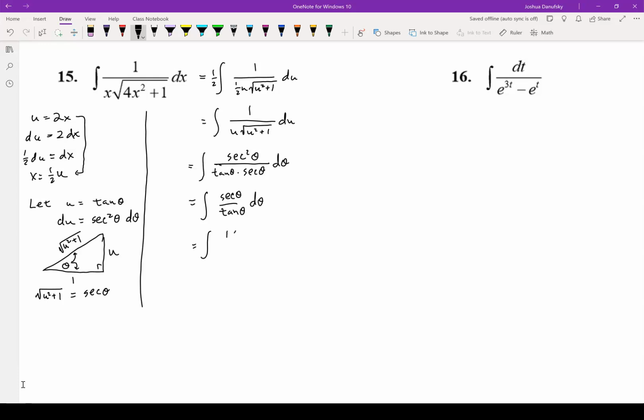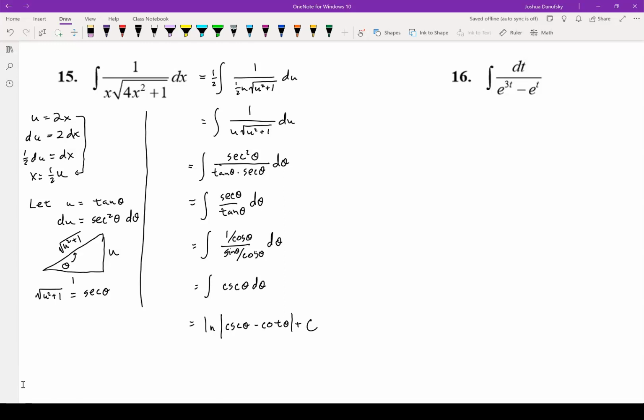Simplifying even further, we know this is 1 over cosine theta over sine theta over cosine theta. If we multiply top and bottom by cosine, we'll get 1 over sine, which is the integral of cosecant theta d theta. The antiderivative of cosecant is the ln of absolute cosecant theta minus cotangent theta plus c.